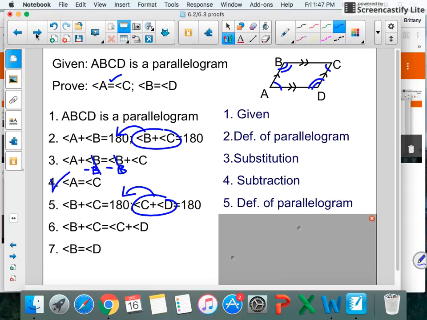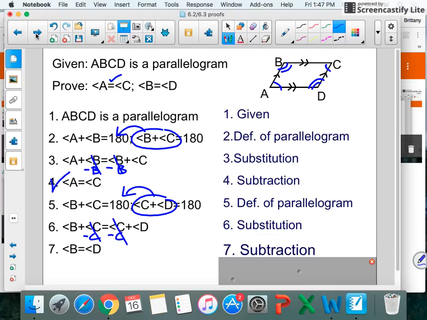So I can plug something in that's equal, and that is called substitution. And then lastly, I'm going to subtract C from both sides, which they will cancel out. So subtraction, and then that will give me my angle B equals angle D. And so I have proved my two things.